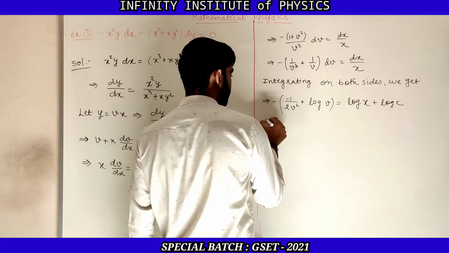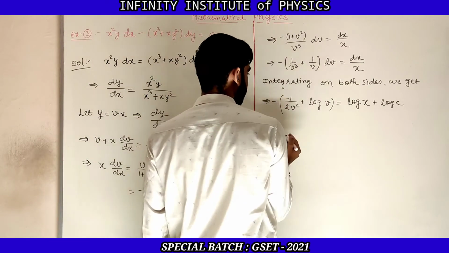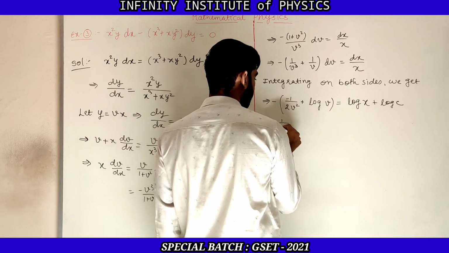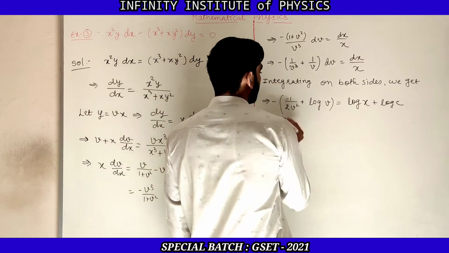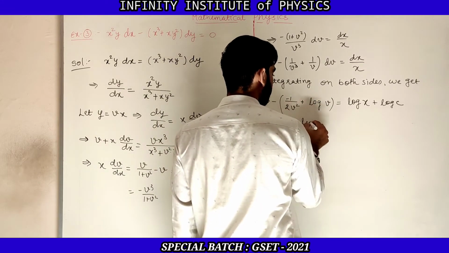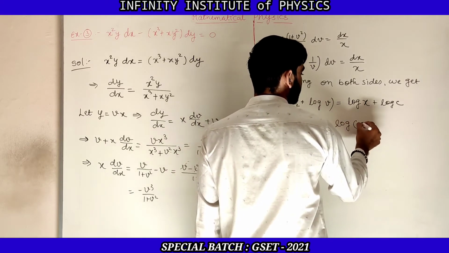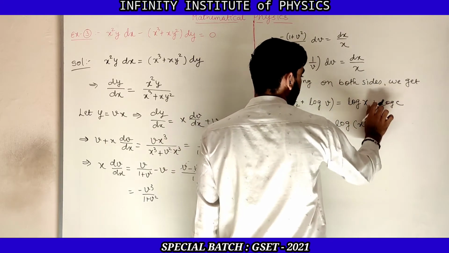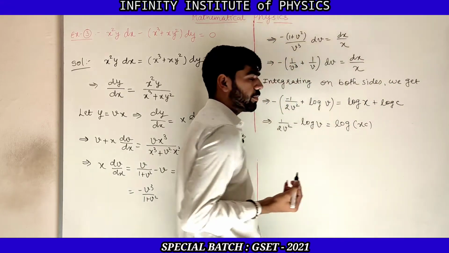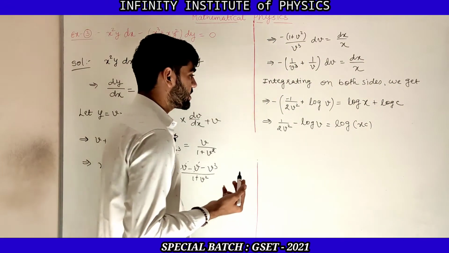Now let us give this minus sign inside, then it will be 1 upon 2 v square minus log v, which is equal to log of xc, because this is in the form of log ab, so it is log xc.